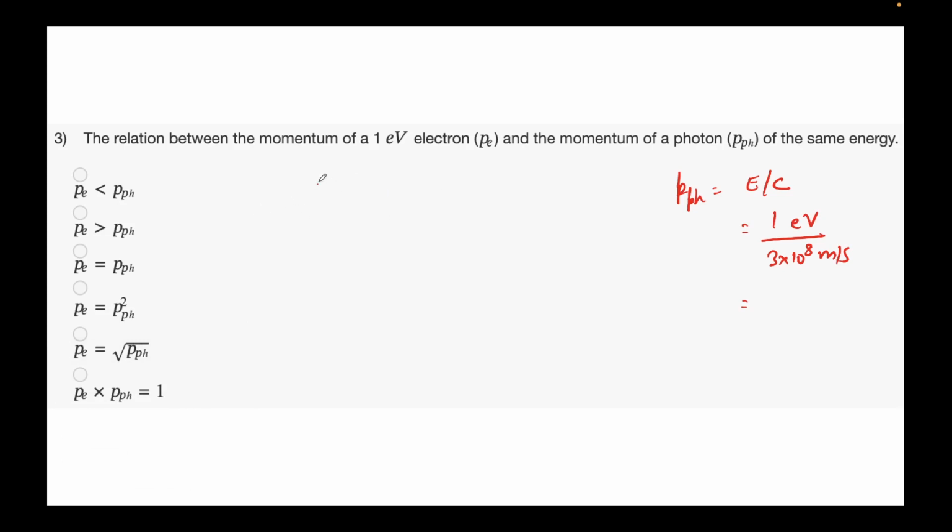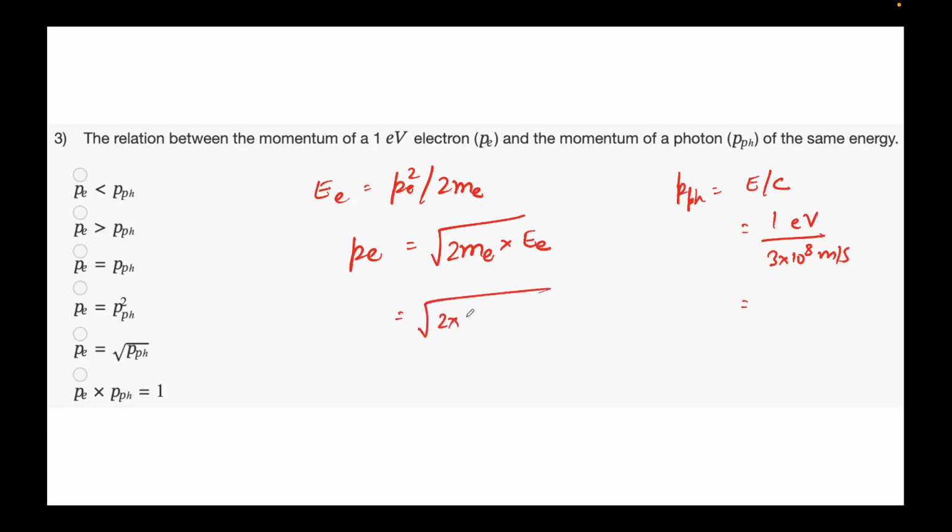Yeah, so E, energy of electron, is nothing but P square by 2m, right? So what will be the momentum? Momentum will come out to be simply square root of twice the mass of electron times the electron energy. That's what it will come to, okay.